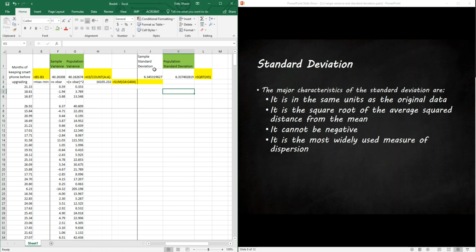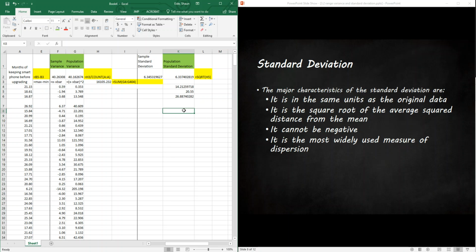So with 6.3374, that means that within one standard deviation, so let's take a look at this. 20.55 is the mean. Okay, so we have the mean plus the standard deviation, which is 26.88, or the mean minus it. That is one standard deviation, 14.21 months to 26.88 months is within one standard deviation of how long people keep their phones.